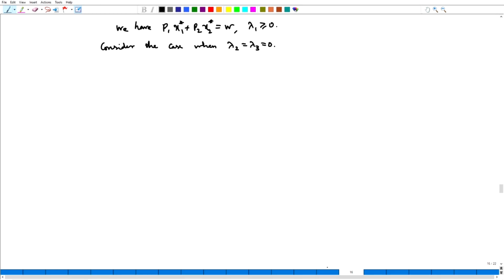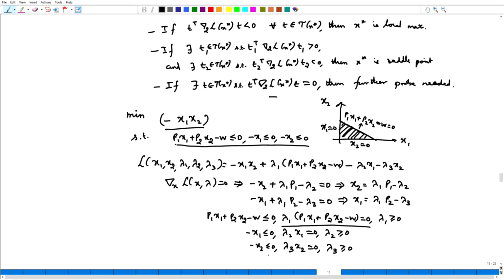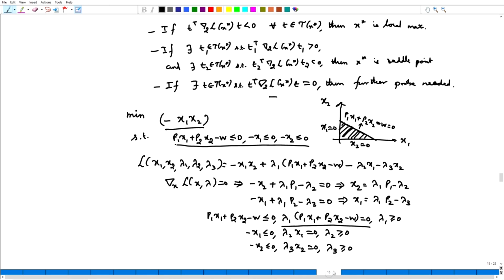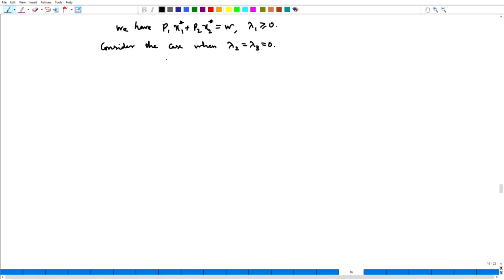In that case we have x1 and x2 greater than 0, right. So, from these two equations, you have x2 equal to lambda 1 p1 and x1 equal to lambda 1 p2, right. And if you substitute this in this equation p1 x1 star plus, okay, I will write this.